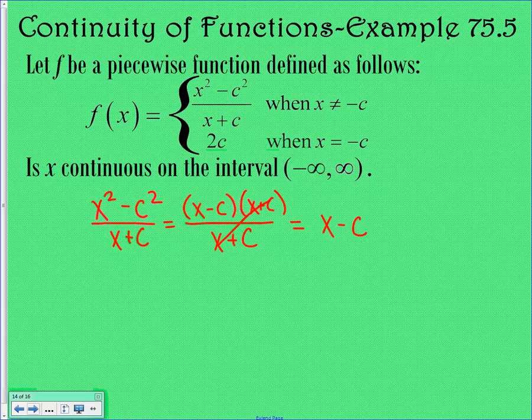Okay? Now if I plug in my x value as negative c, when x equals negative c, that gives me negative c minus c, which is negative 2c.